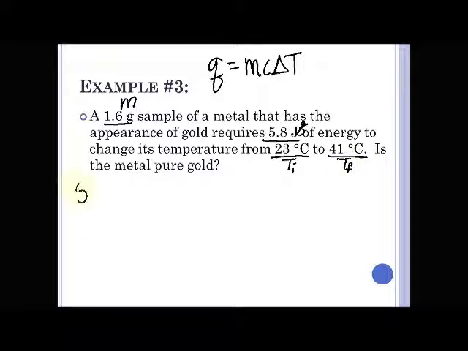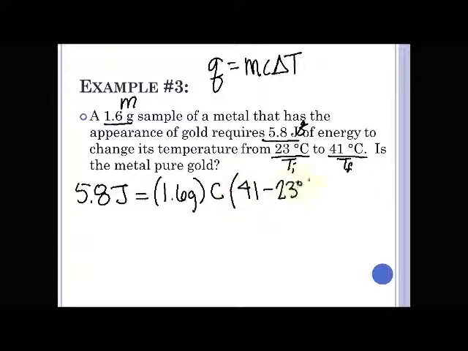So, we're going to take 5.8 joules equals 1.6 grams times C, we're solving for C here, times T final minus T initial. So to simplify this out, we're going to take 5.8 equals 1.6 times C times, when you subtract 41 minus 23, you should get for your temperature difference 18 degrees Celsius.